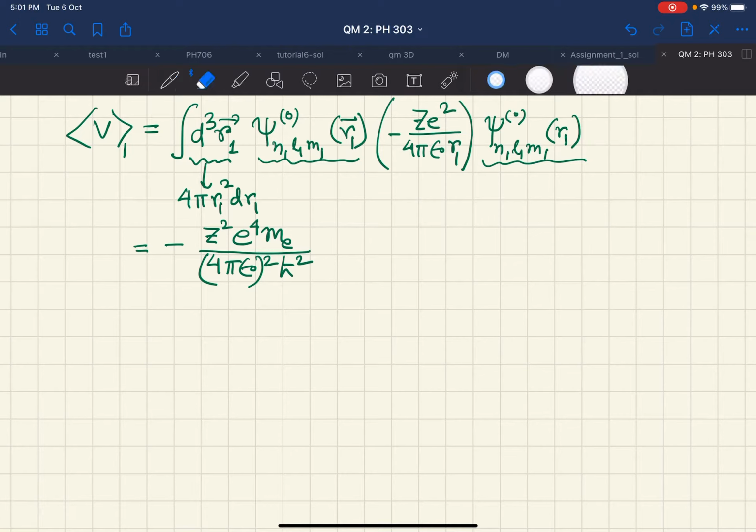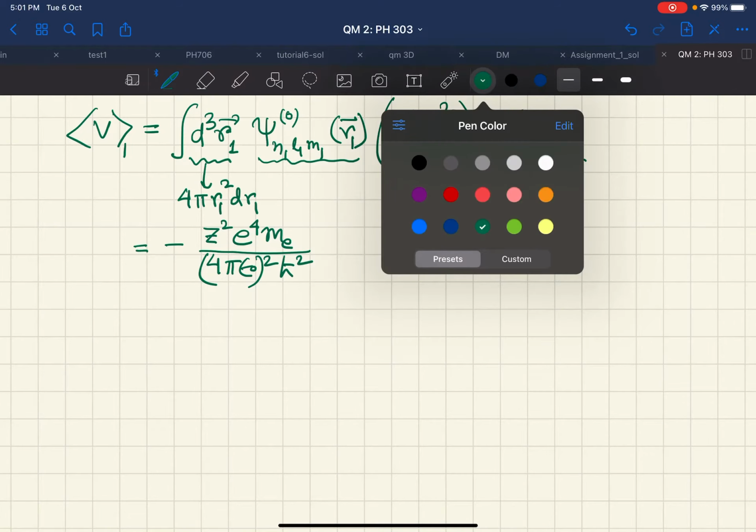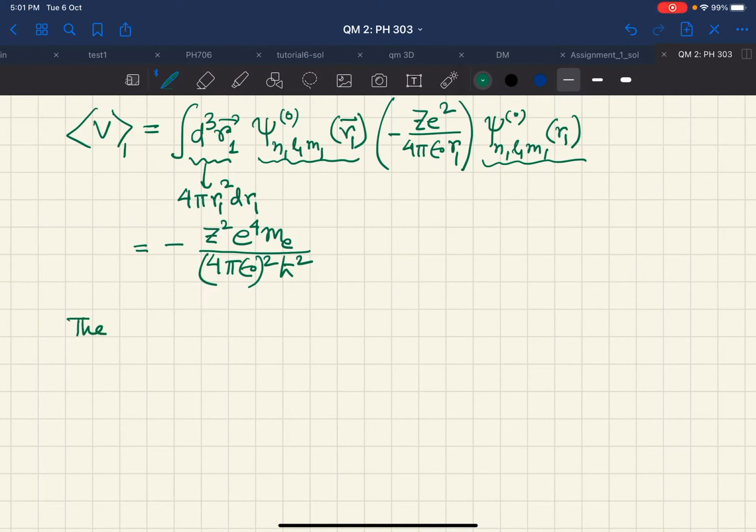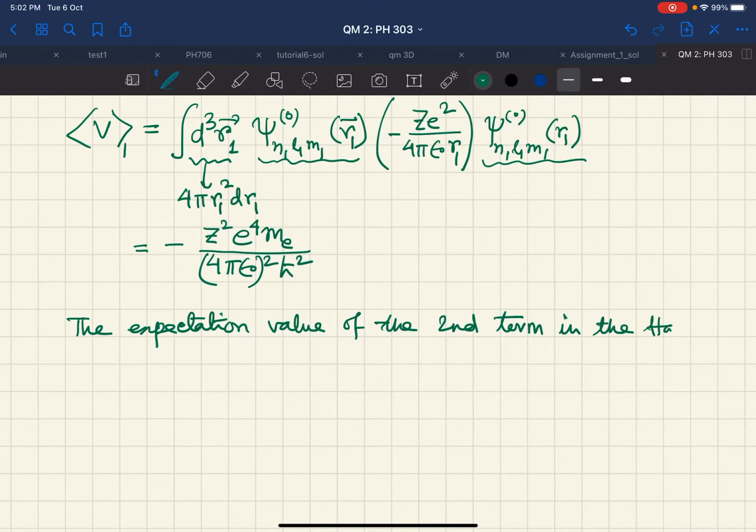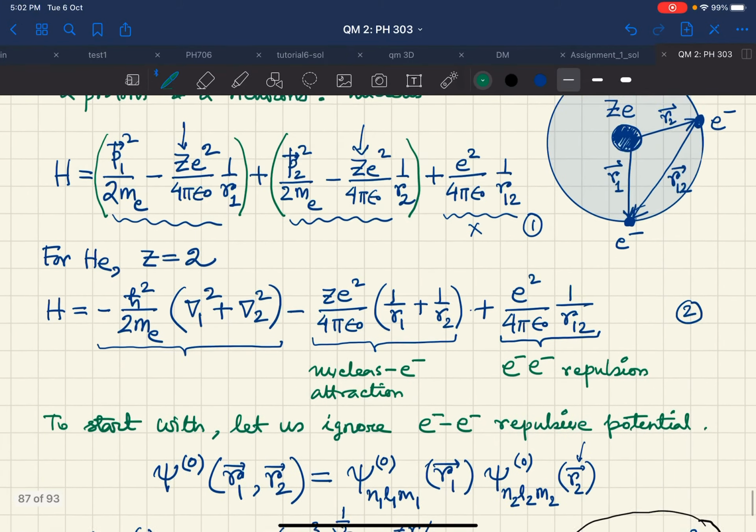The expectation value of the second electron, or maybe more precisely of the second term in the Hamiltonian. By second term I mean this term in the Hamiltonian.